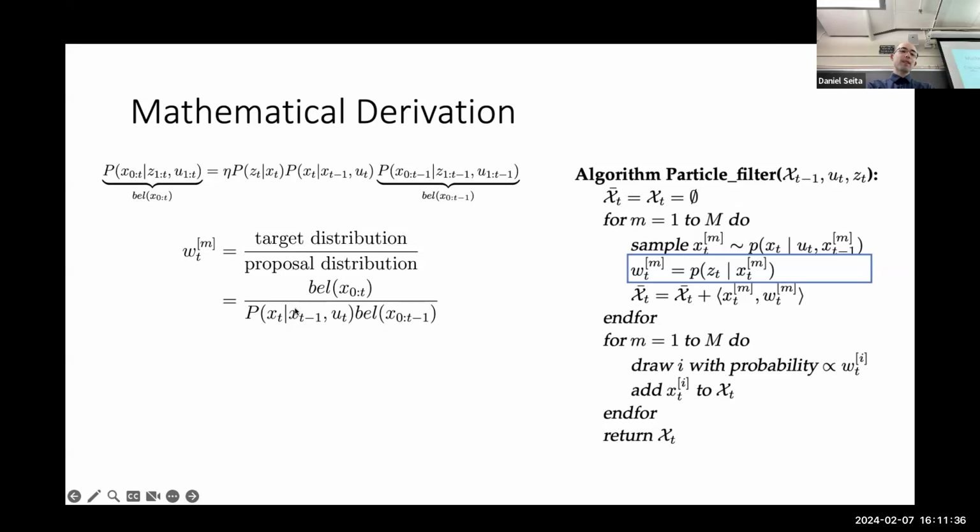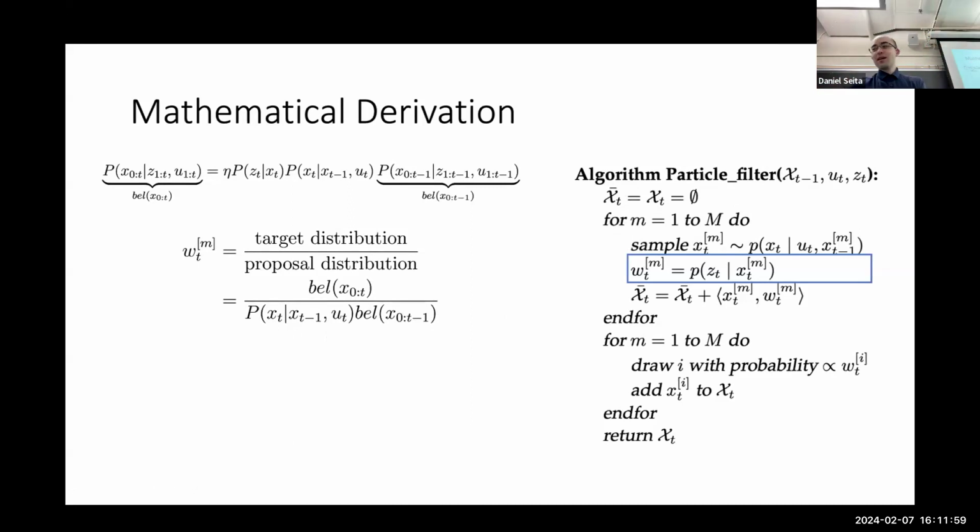The whole particle filtering algorithm does assume that you're able to sample from the transition function easily. In my opinion, that's a very important assumption because it's not always true. But if you just assume that it's true, then it's easy to sample from the proposal distribution.